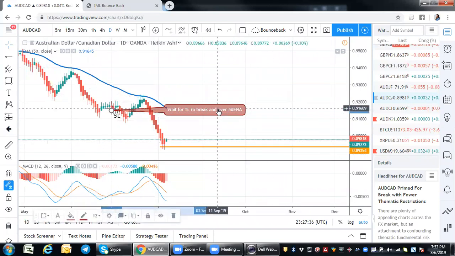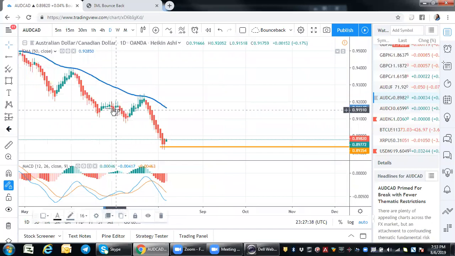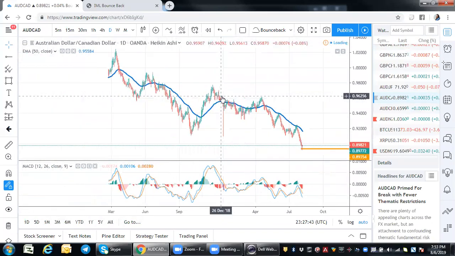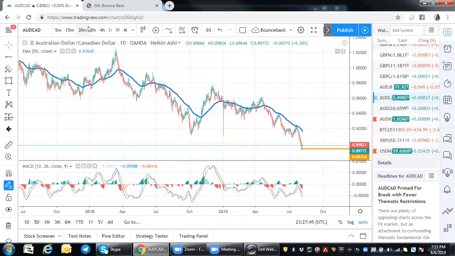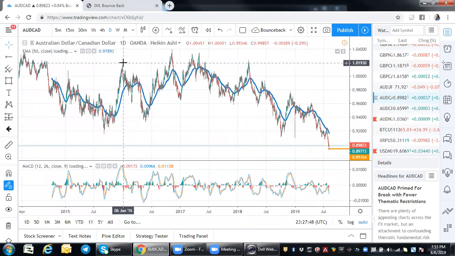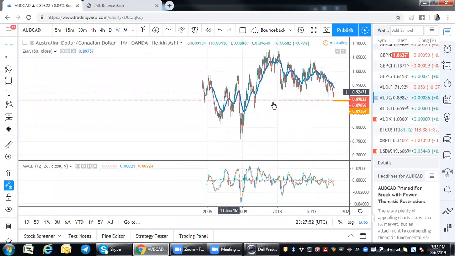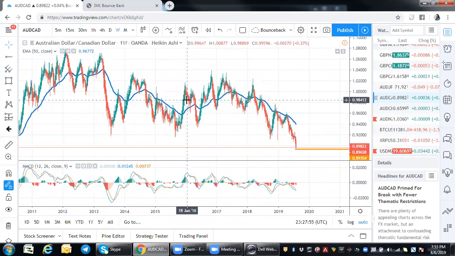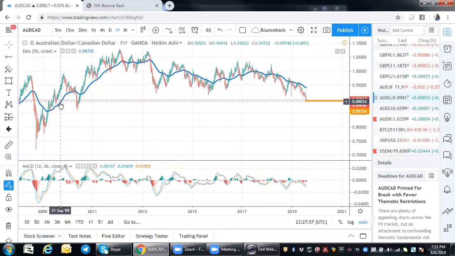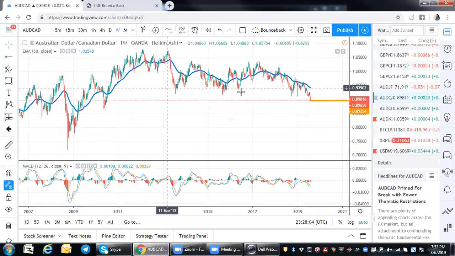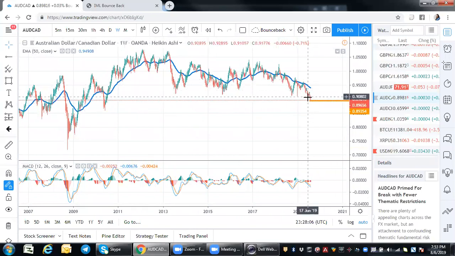Let me take out some of this. Good. So this is the lowest that AUDCAD has been for a while. All right, so I'm trying to identify key levels in here. Because as you can see, this is the lowest that this trade has been, and this is our analysis you guys need to be doing.